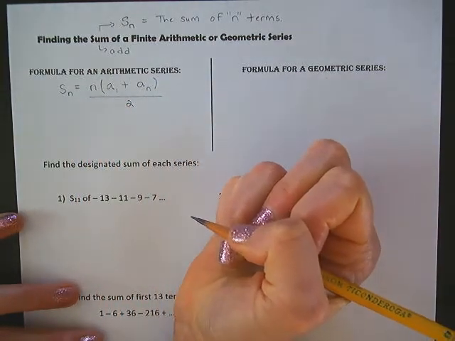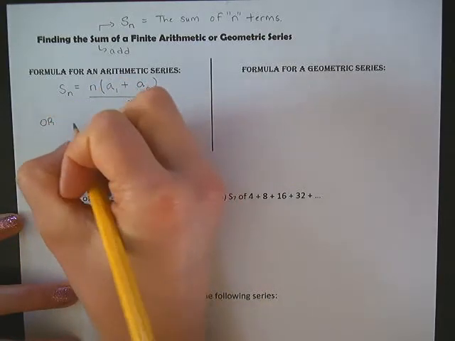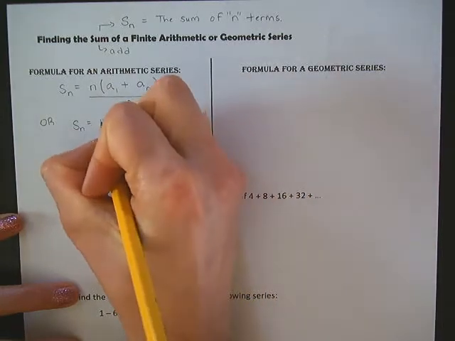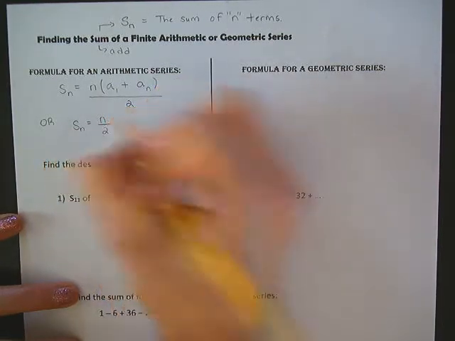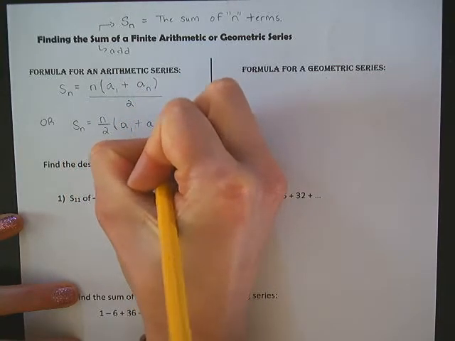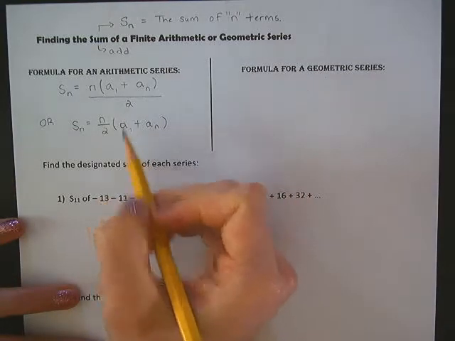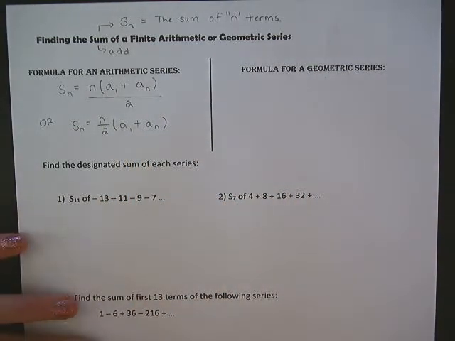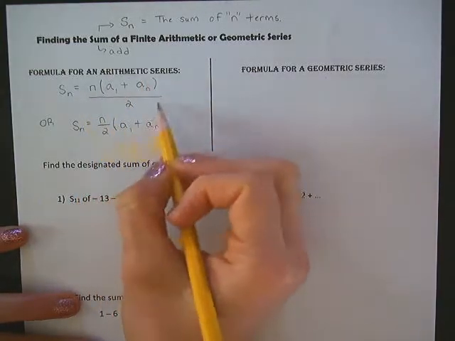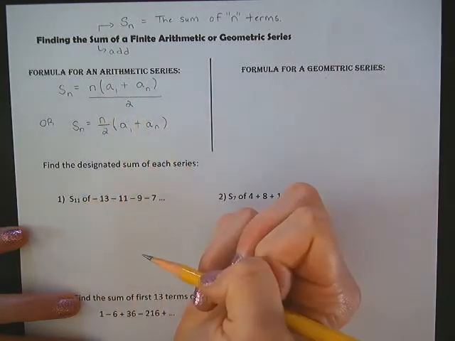All right, so that's one way that it's written. The other way that sometimes you'll see it written, and it means the exact same thing, is like this. Instead of putting all of it over 2, they'll just take this n and put it over 2, and then multiply it times the rest of it. And it actually is the same thing. It's just 2 different ways of writing it. So you can pick whichever way you like it and do it that way. So that's if it's arithmetic. This will help you add up however many terms they're wanting you to add up. Okay, you just have to know these pieces of information.